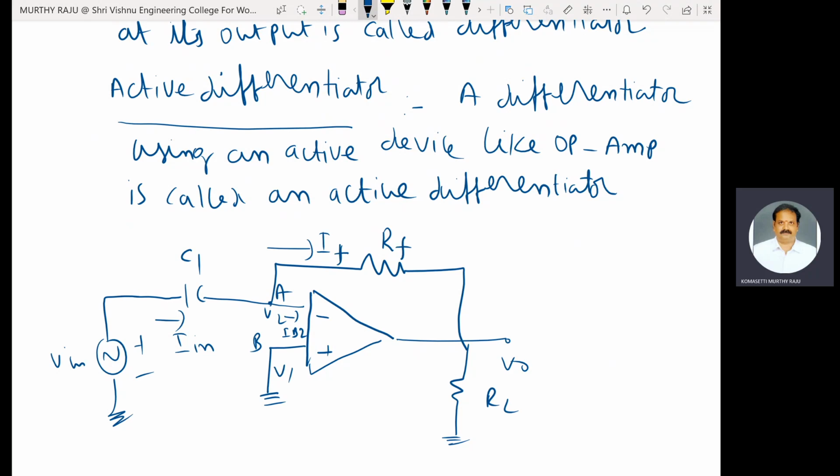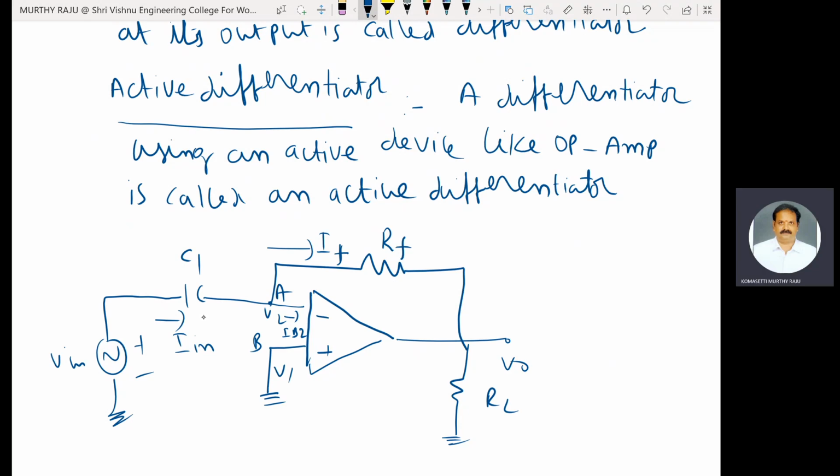The active differentiator circuit can be obtained by exchanging the positions of R and C in the basic active integrator circuit. In the basic active integrator circuit, in case of feedback, we use CF, and here series resistance is R1.